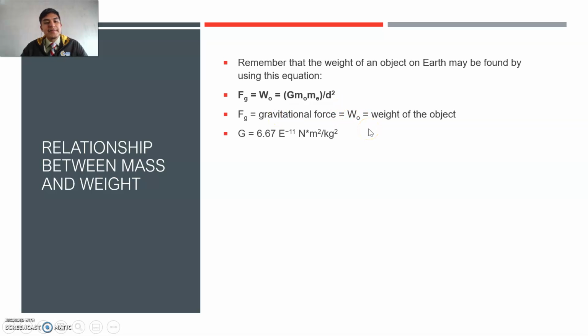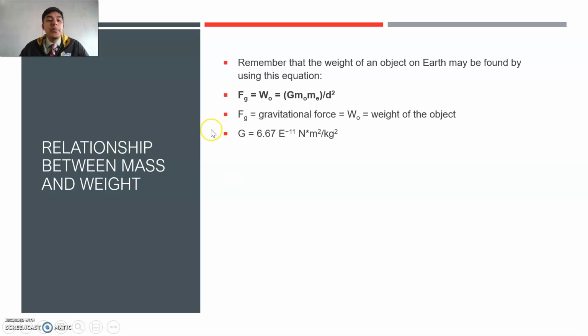And remember that our constant G, or our constant for gravitation, equals 6.67 times 10 to the minus 11th power newtons times meter squared per kilogram squared. Something important to notice as well is that E is going to be substituted by times 10.